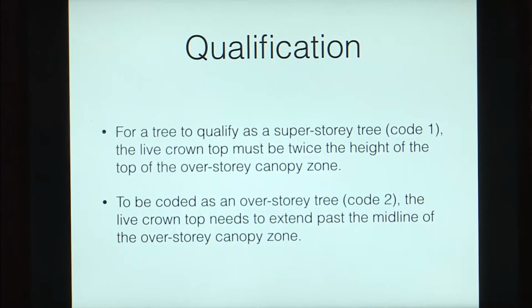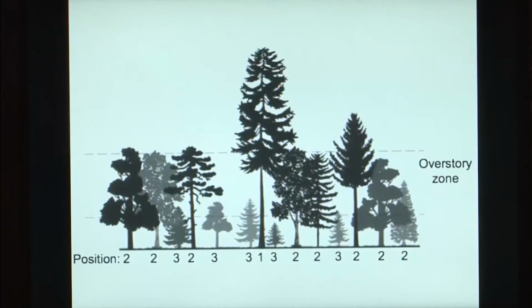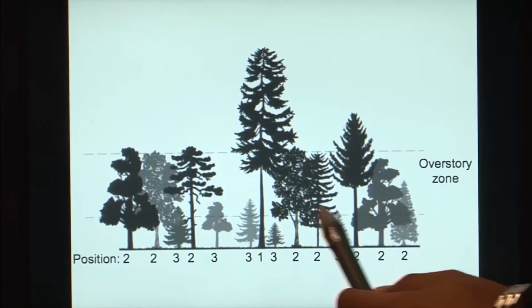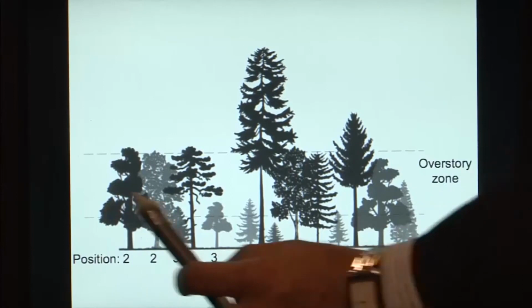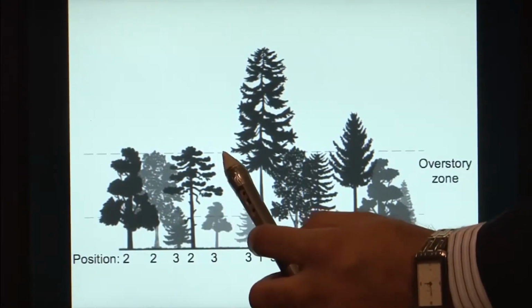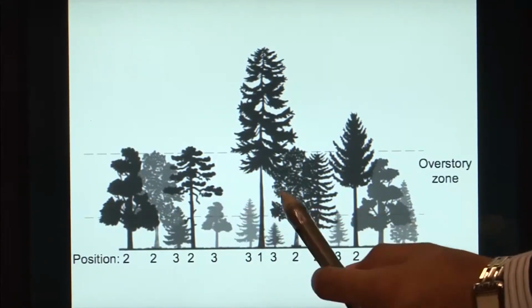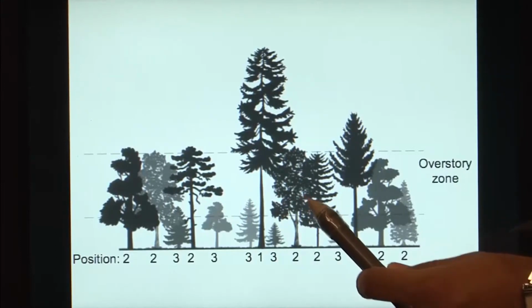To be coded as an overstory tree or code 2, the live crown top needs to extend past the midline of the overstory canopy zone. That is, if we have this 50% line from here till here, any tree that crosses this portion completely will be called a class 2 tree.